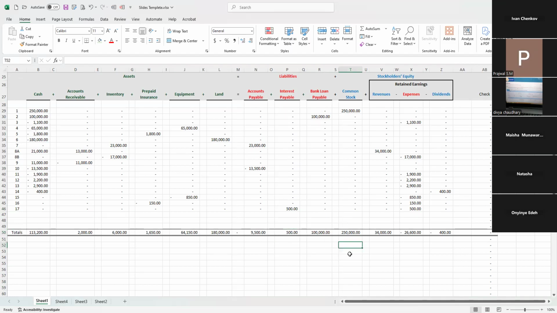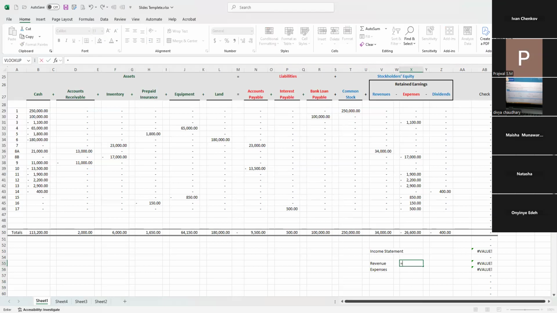So once we're done with this, what do we have to do? Start preparing the statements. What was the first statement? Income statement. What do we have on the income statement? Revenue and expenses. Revenue minus expenses. Do I know my revenue? Yes, 34,000.